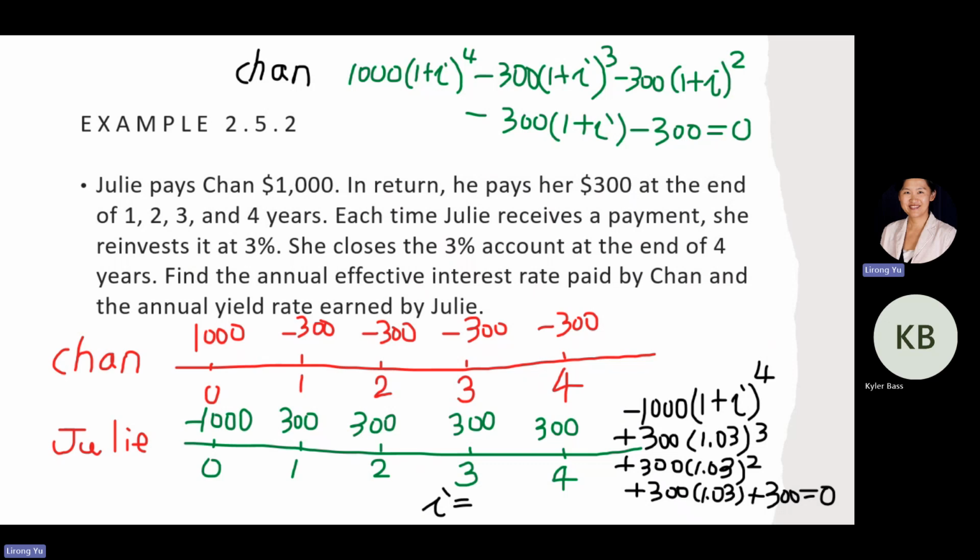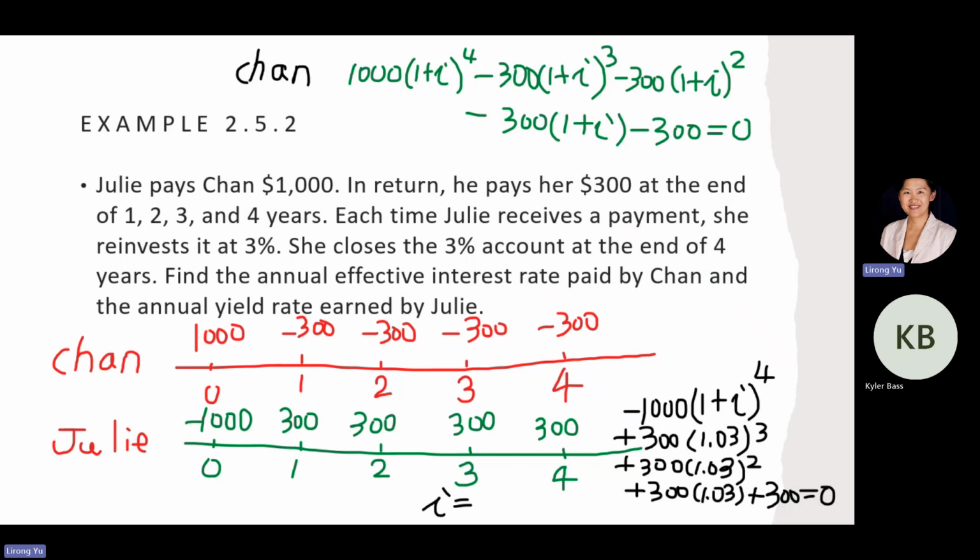We have Julie pays Chen 1,000. In return, he pays her 300 at the end of 1, 2, 3, 4 years. Okay, so whatever money you are borrowing, you probably have to return with a higher value. In this case, it's 300 each year. So 300 times 4, that's 1,200. Considering it spans 4 years, it's actually not that big a deal, right?